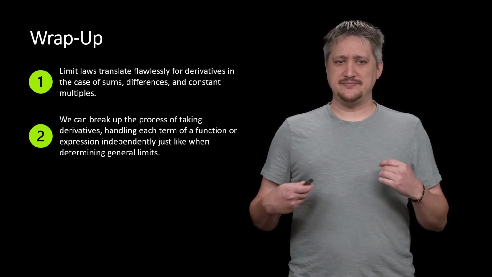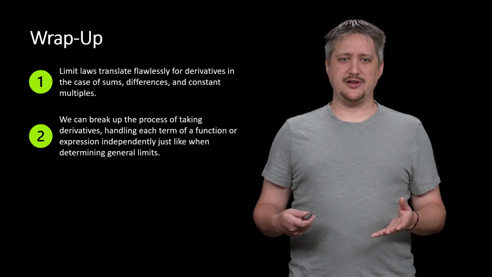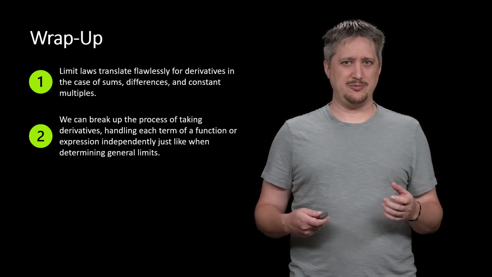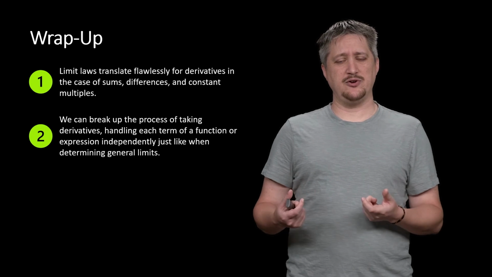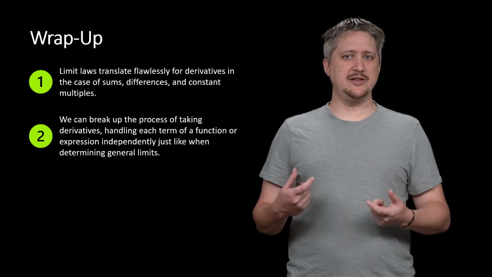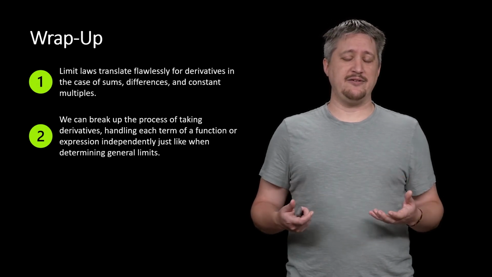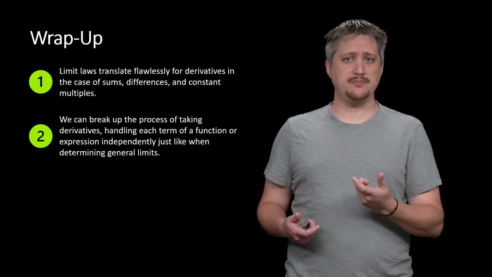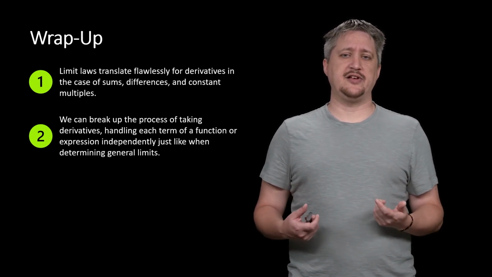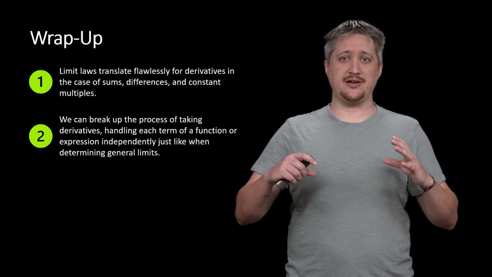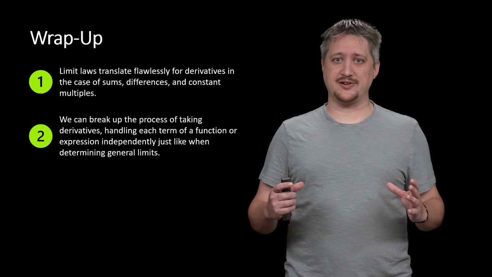In particular, you can break up this process of taking derivatives by handling each piece. Like we say f of x and g of x, thinking of two functions, but most commonly this is used for multiple terms in the same function. If you think of a polynomial, you have all those different terms. This is telling us that we can take derivatives of each term independently instead of thinking of the whole polynomial at once.